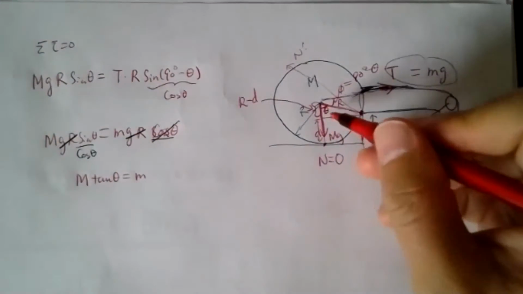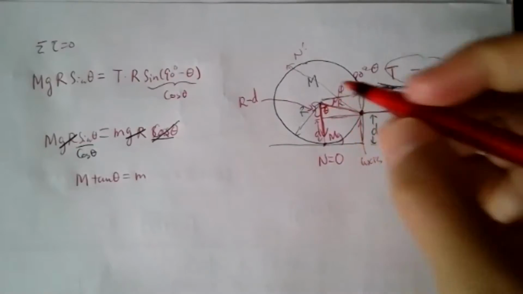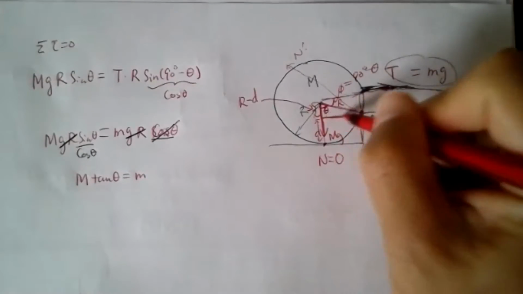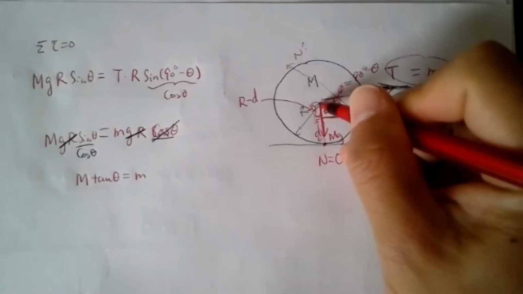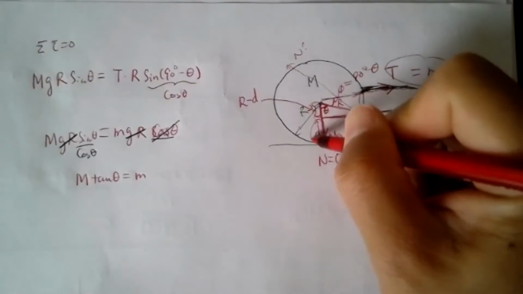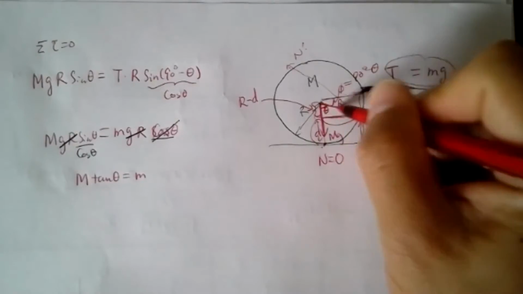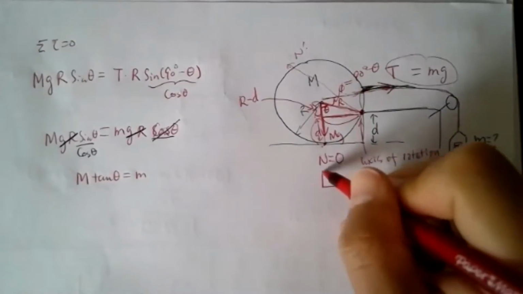But theta is not given as a known, so you want to express tangent theta. Tangent theta will be this length over this length. This over here is the total R minus this part, D. You're looking at this right angle triangle, so let me just draw it on this side.